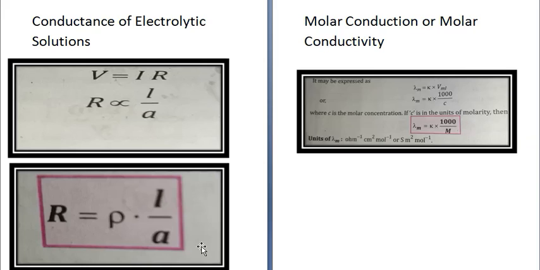Next is conductivity. The inverse of resistivity, rho, is called conductivity or specific conductance.